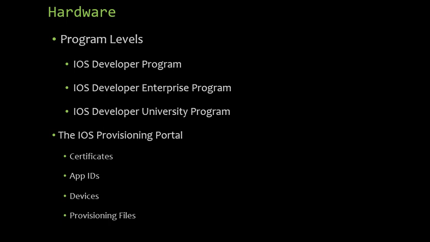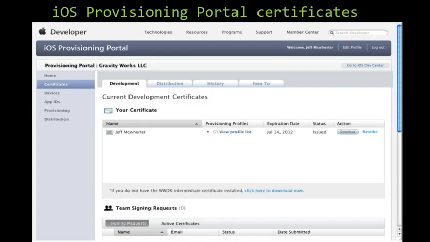Under this we again have subtopics. The first one we are going to speak about is certificates. So this is the provisioning portal certificate. What do you mean by certificate? During the development process of your iOS app, we will more than likely create both the development as well as the distribution certificate.